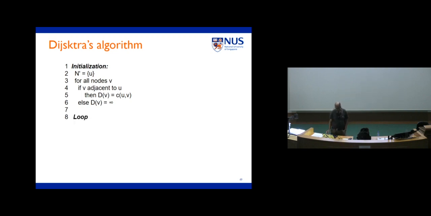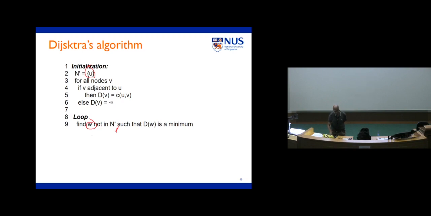And we will go through a loop, and this loop will continue n minus 1 times. There are n nodes in the network. U is already done, so now I need to run it n minus 1 additional times to get the paths to the others. So this is what I do. We find some router which is not in N prime, so we don't know the path to that yet.